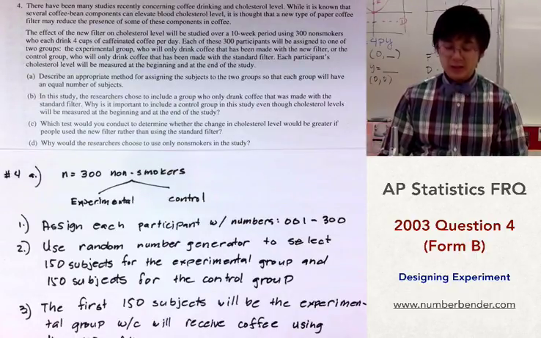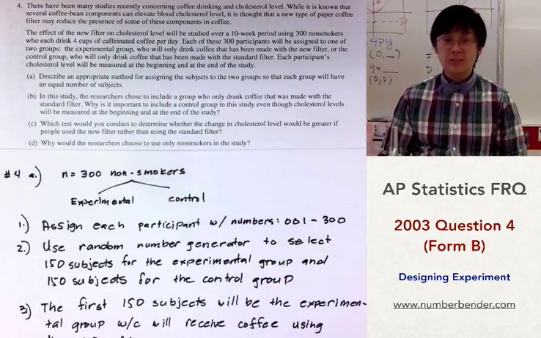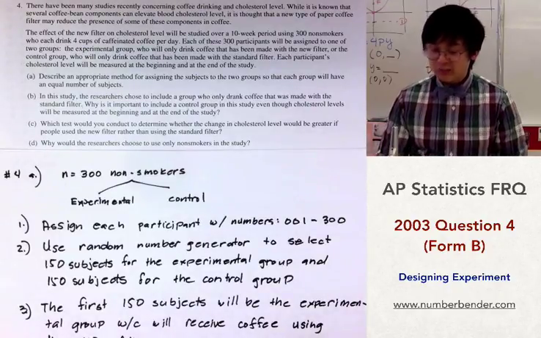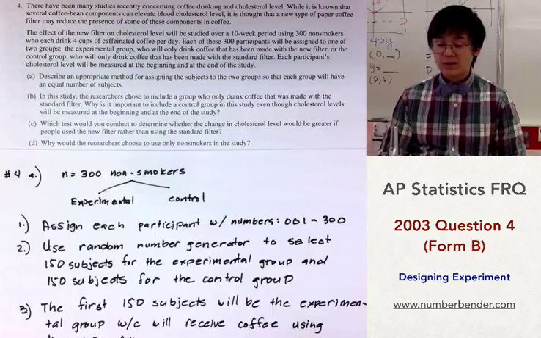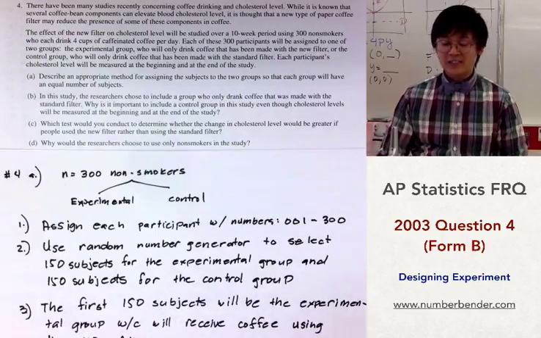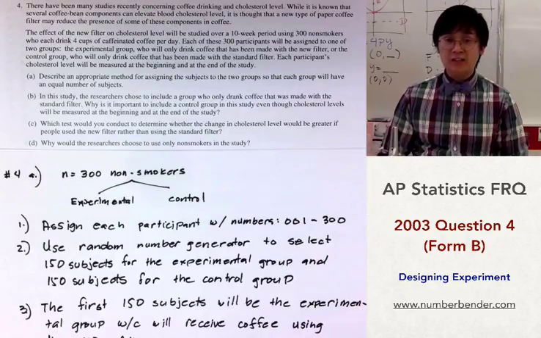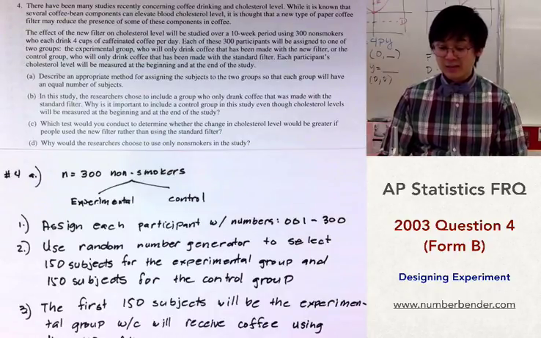The reason why we have the control group is because the control group will help us eliminate some of the confounding variables in our experiment. Because this is a 10-week experiment, we don't know if, in those 10 weeks, the change in their cholesterol level may be attributed to their diet or the change in their lifestyle within the 10-week period.